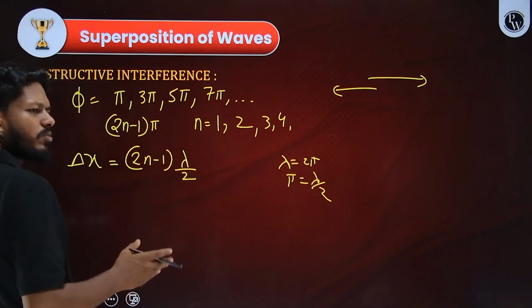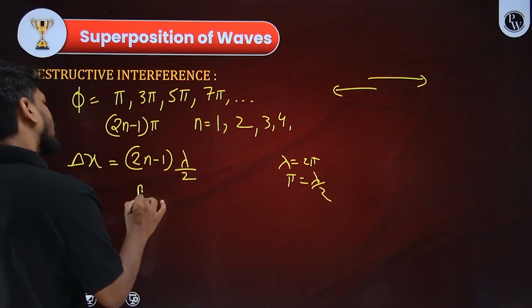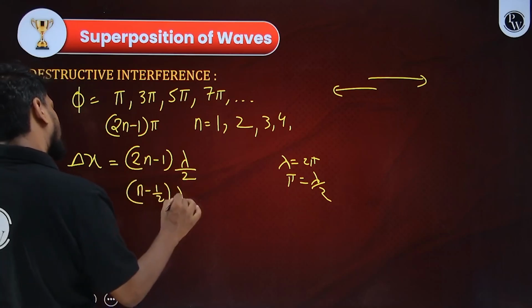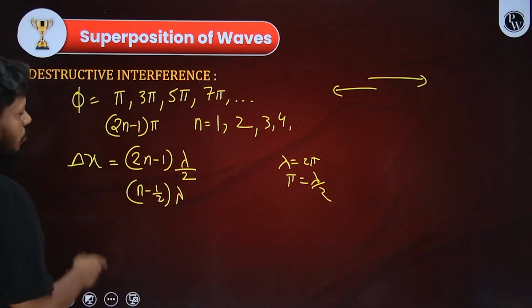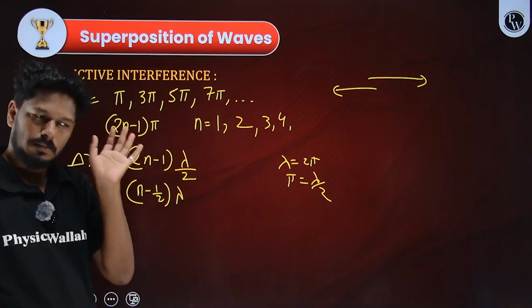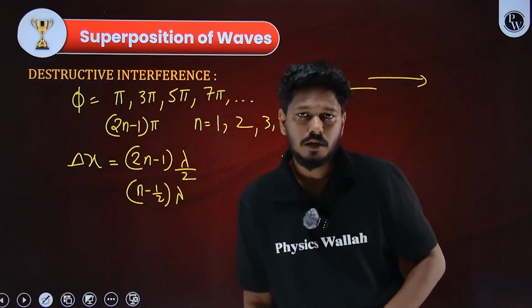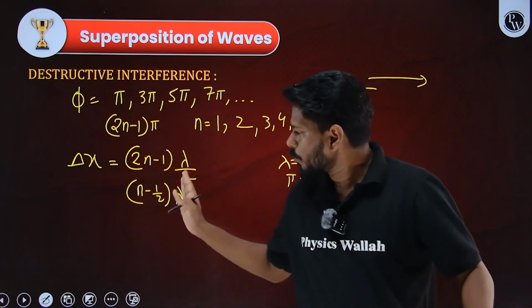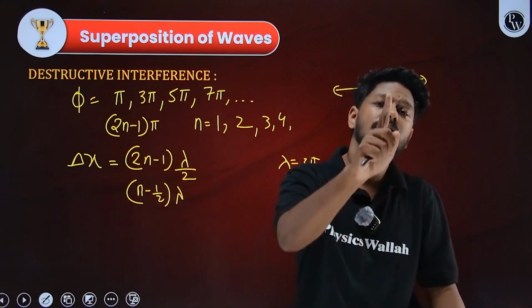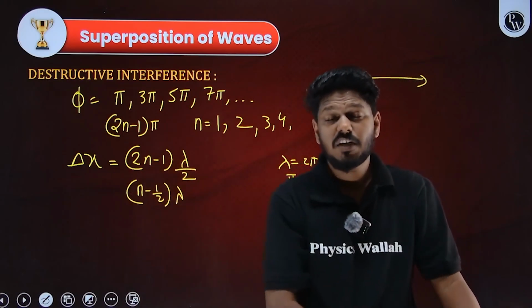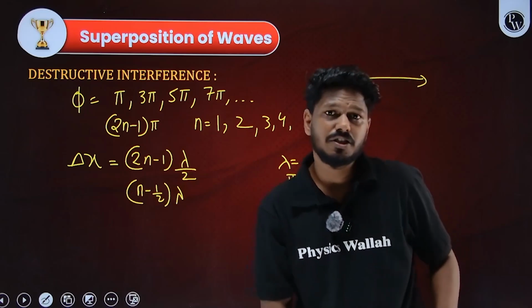In a few of the books, they might have taken this n inside and they might have written as n minus 1 by 2 times lambda. And in a few books, they might have written plus 1. So if in the book they are writing plus, why are you giving minus? Because if I put n is equal to 1, it means first destructive interference. If I put n is equal to 2, it means second destructive interference.